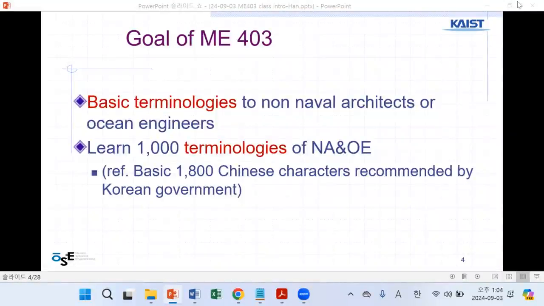Because I remember when I was a student at school, the Korean government recommended learning 1800 Chinese characters for ordinary high school students. So we can expect that 1,000 can be a proper range of learning basics.